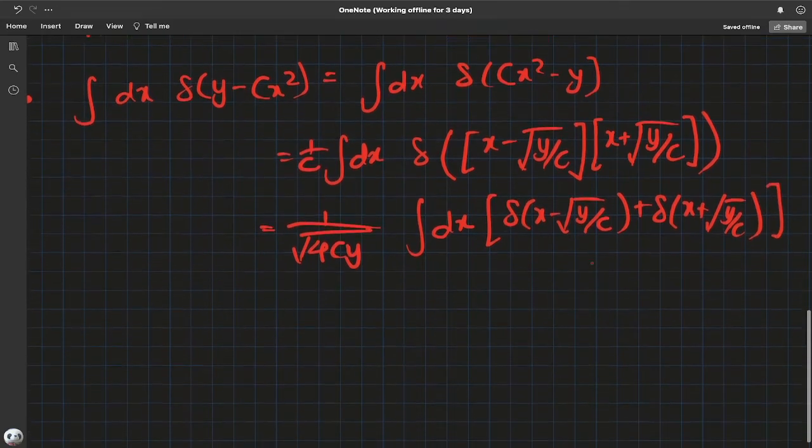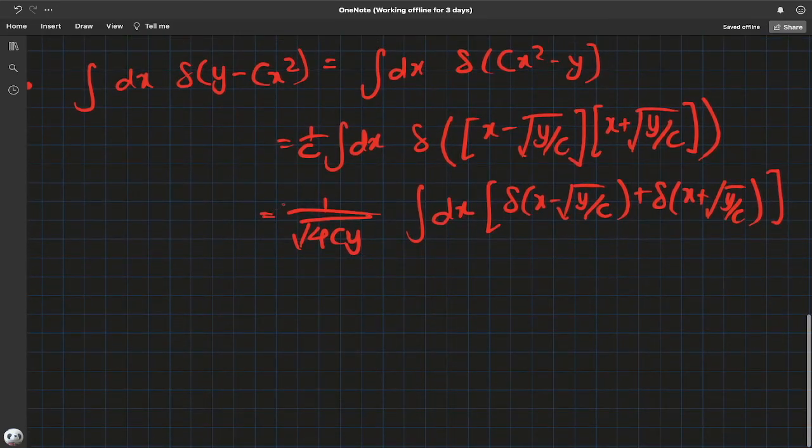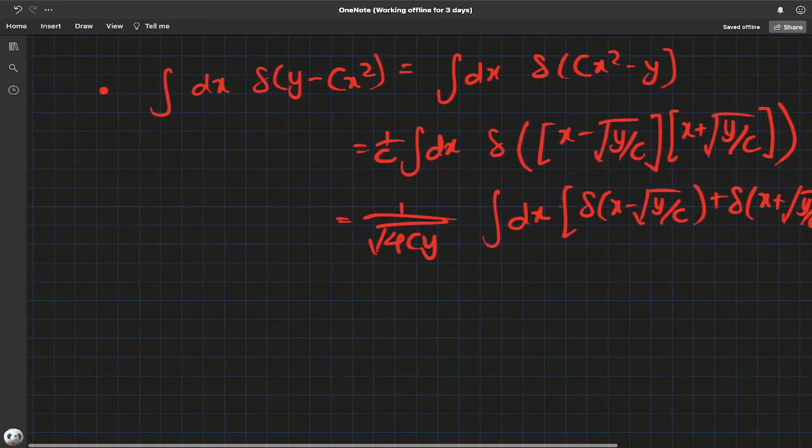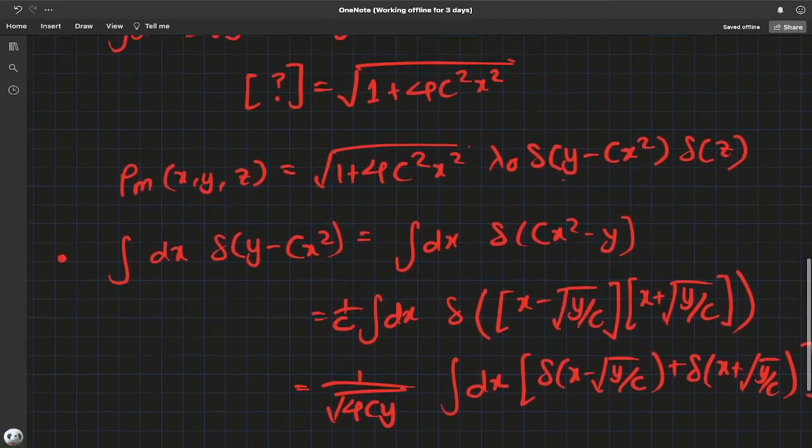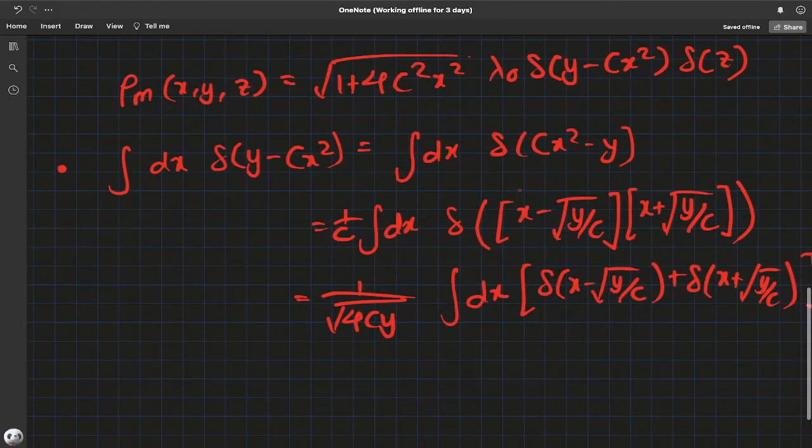So we have basically two delta functions that are added together. We have a sum of deltas, and using that, you can conclude that this is the answer.